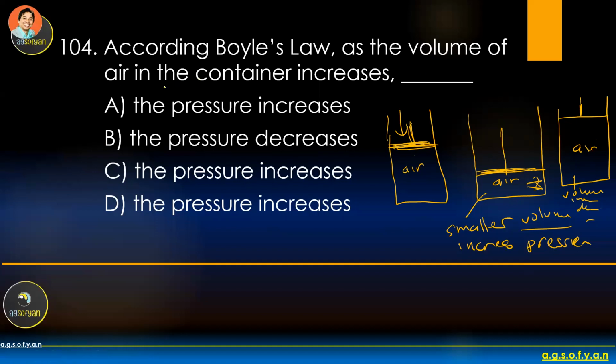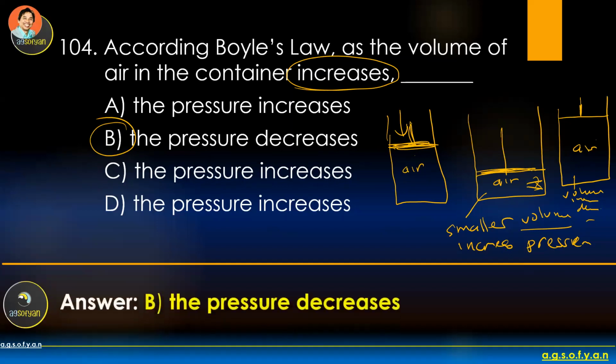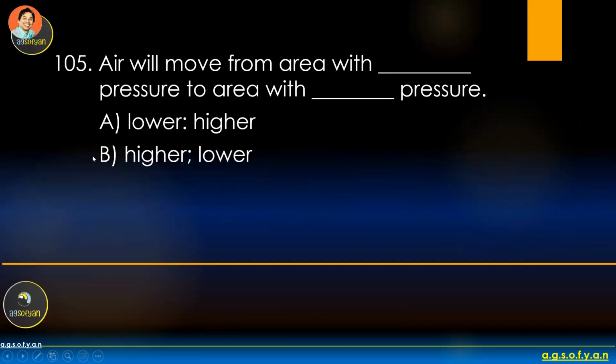So if the volume of air is increased, then the pressure will be decreased. It should be only two choices over here, I forgot to remove this. So the pressure will be decreasing.